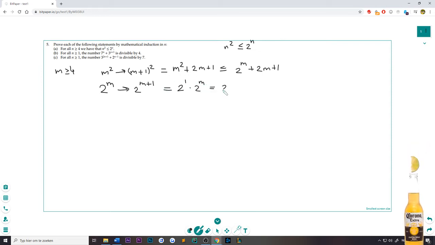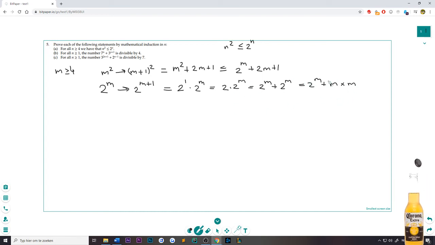That's the same as saying 2 times 2 to the power m. And well, that's the same as saying 2 to the power m plus 2 to the power m. Which is the same as 2 to the power m plus m times m. Right, so it's just rewriting this stuff.